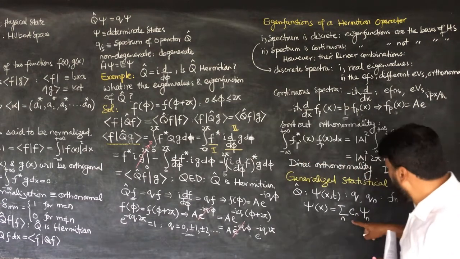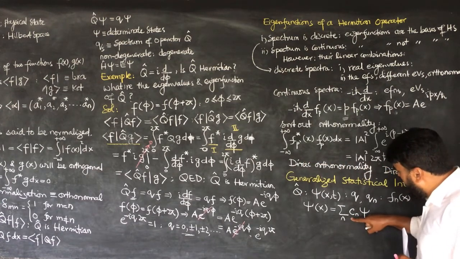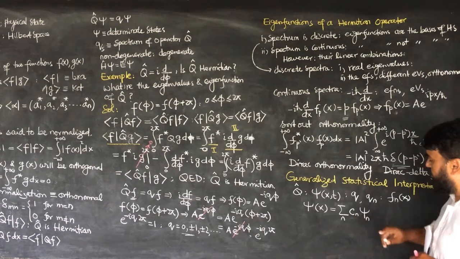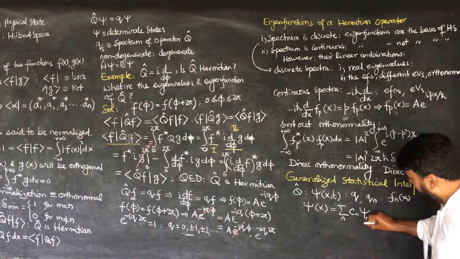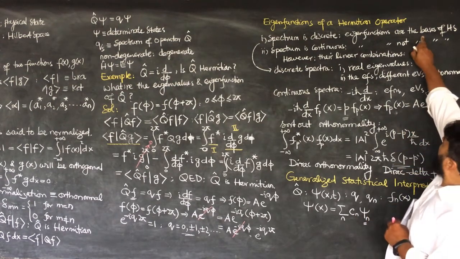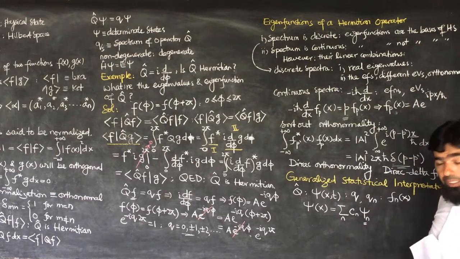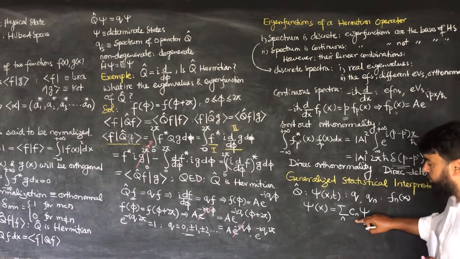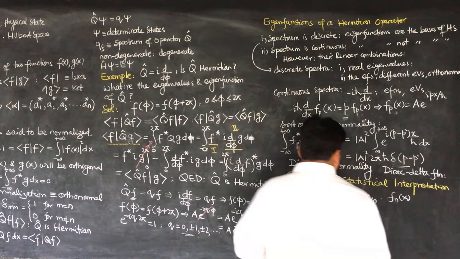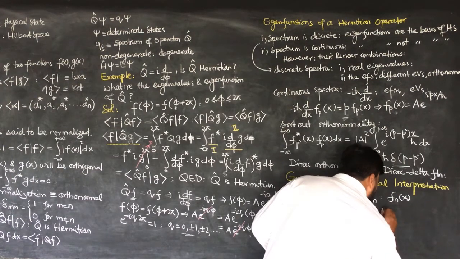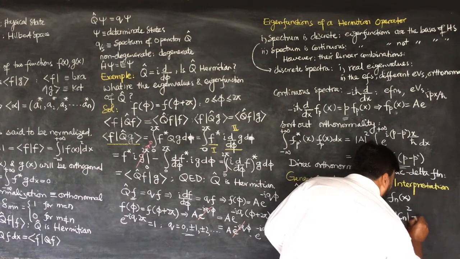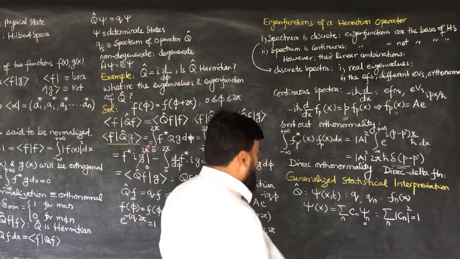Here Cn is the coefficient, and its mod square gives the probability, and the psi n's are the orthonormal bases of the Hilbert space. So these are like unit vectors, and these are like components in vector space. The summation over n of the mod square of Cn will always give us 1.